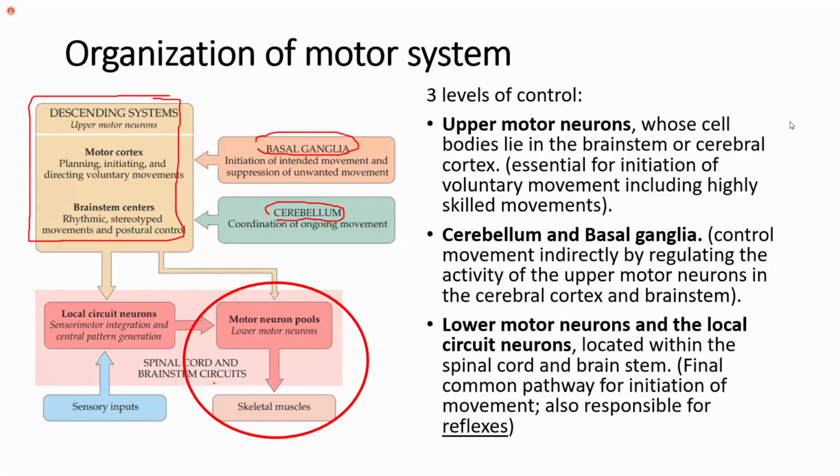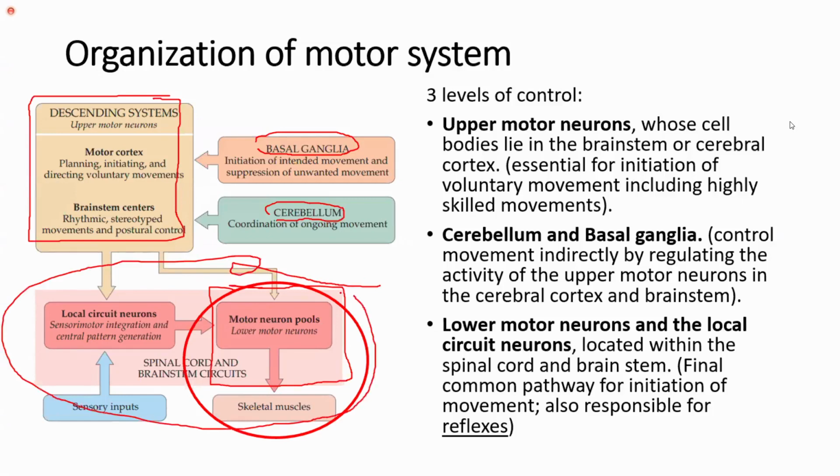Basically, the final pathway in order to bring an action has to be through the lower motor neurons, which reside in the ventral horn of the spinal cord. So what we will focus on for this lecture is this level of control.